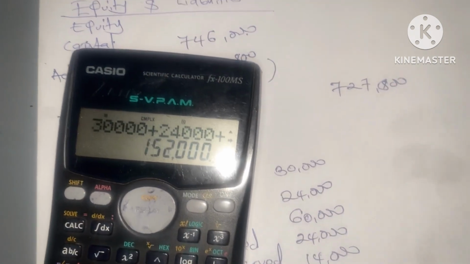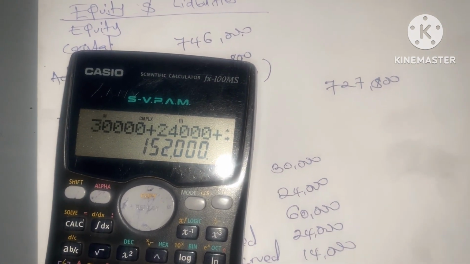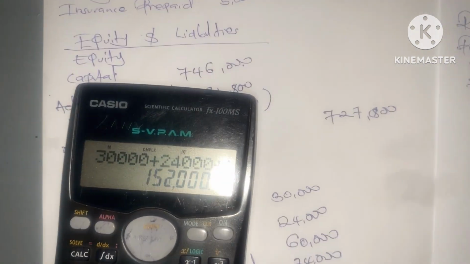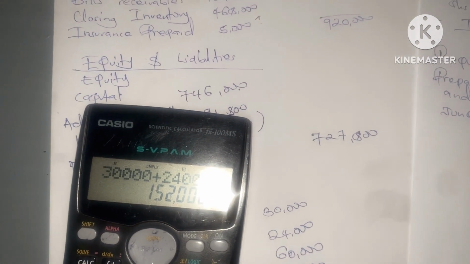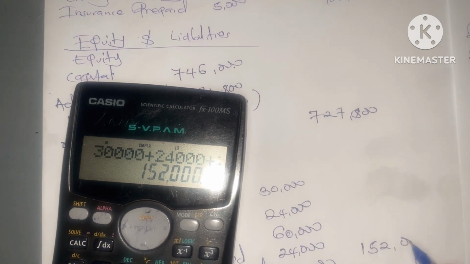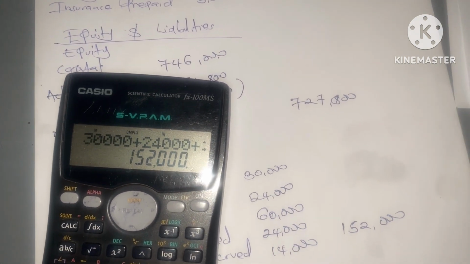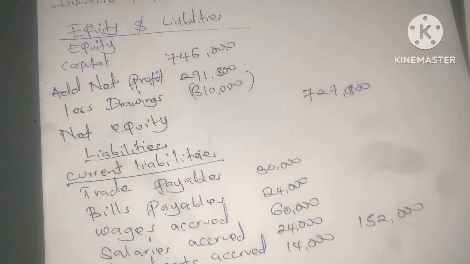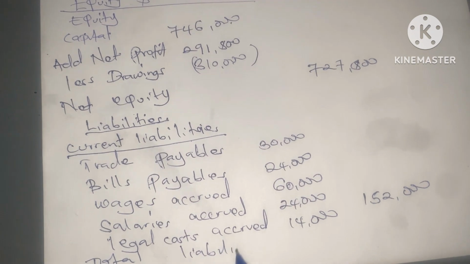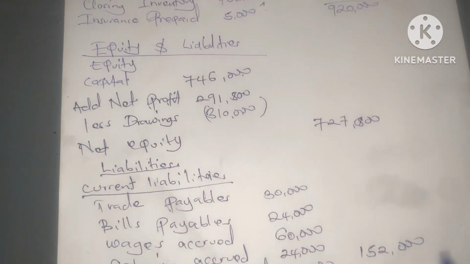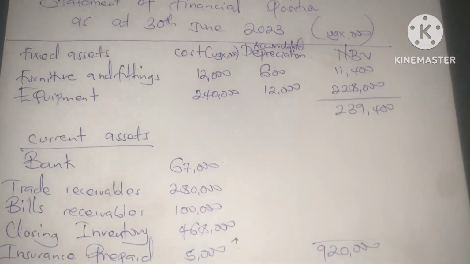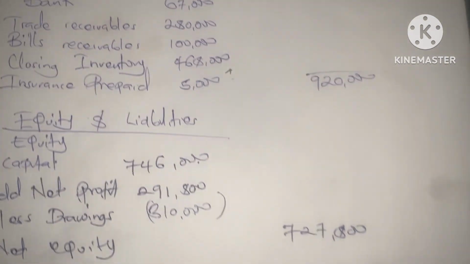So the total is going to be 152,000, like that. So that is the total liabilities, 152,000. So that is our balance sheet. That is how we deal with the balance sheet. We only write there the closing figures.